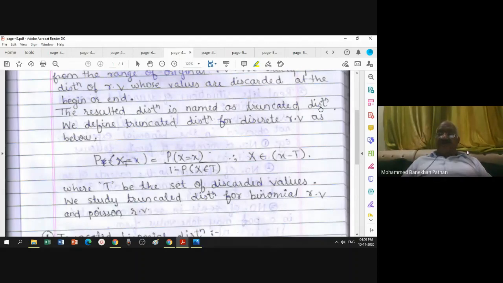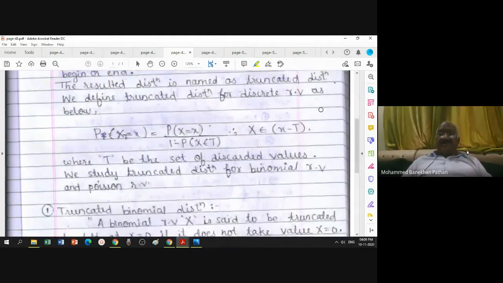How to define it? In general, P(X_T = x). Here T stands for truncation, the truncated random variable. We find the probability of the truncated random variable by this definition. The numerator is the original distribution which the random variable follows.